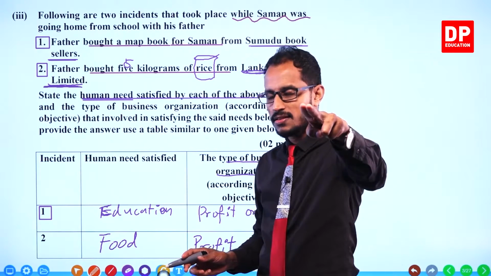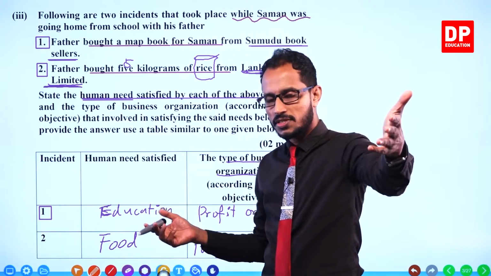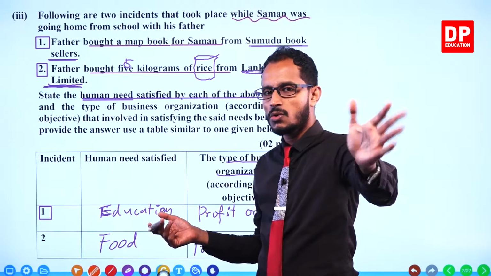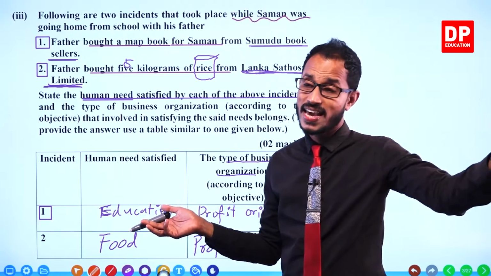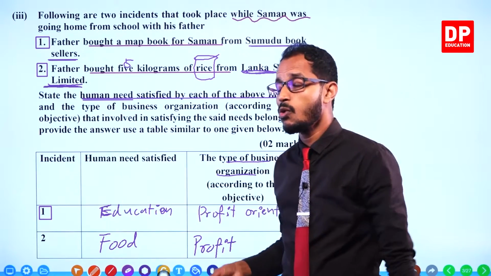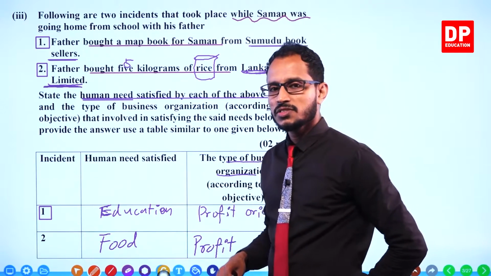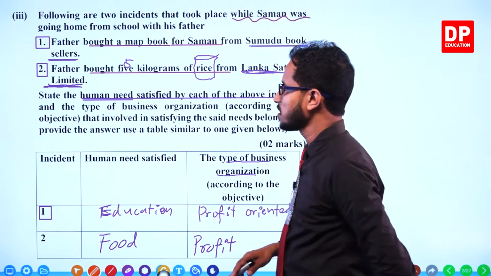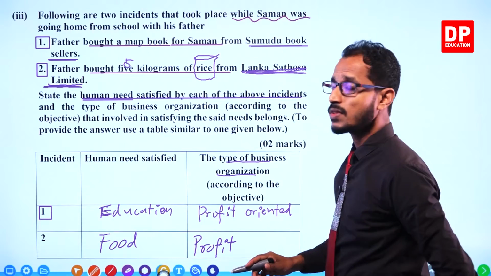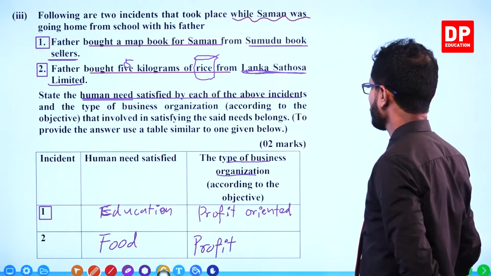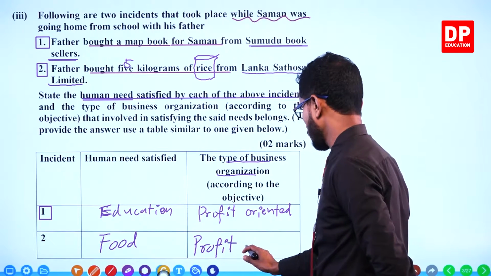They are not a charitable organization or a government non-profit organization like the health department and the government hospitals, not that type of organization. Lanka Satosa is a profit-oriented organization.